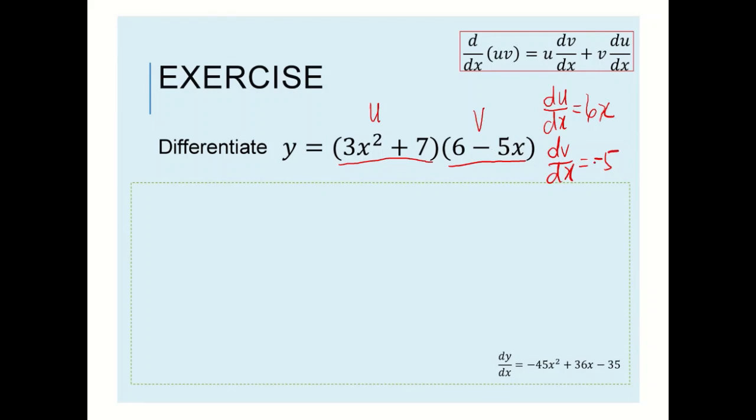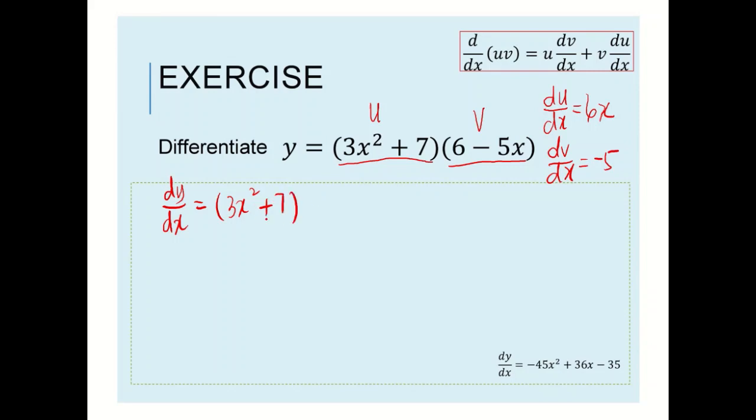After that we take dv/dx, so we differentiate the v, which is negative 5. Plus, we take the v, which is 6 minus 5x, and differentiate the u, which is 6x. So this is the differentiation.